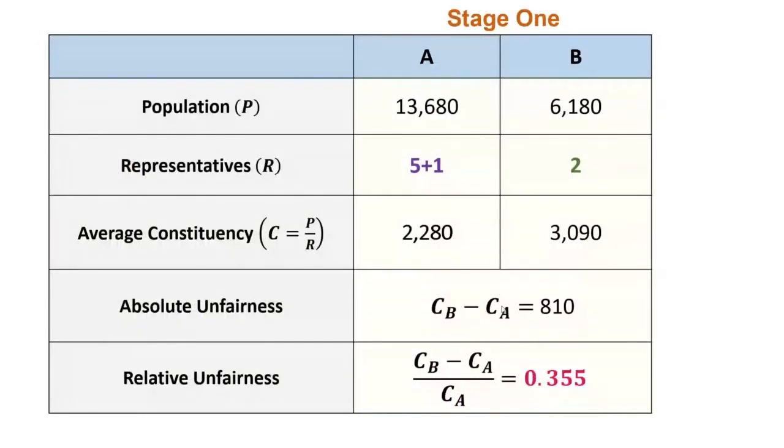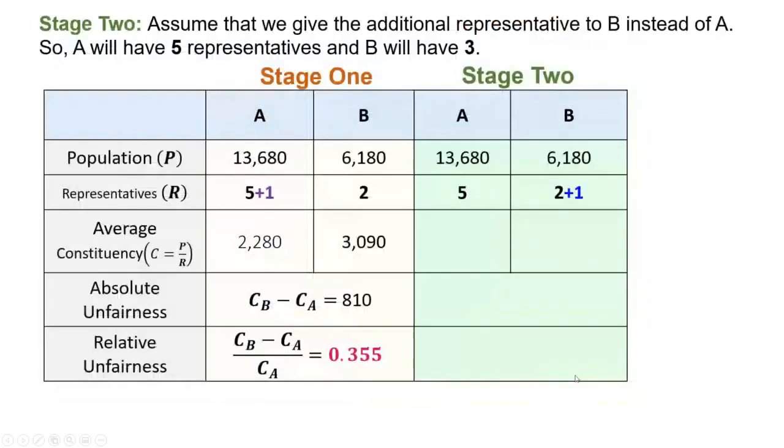Let us summarize this in the table. So the original population doesn't change. The extra representative goes to A, and the relative unfairness is 0.355.